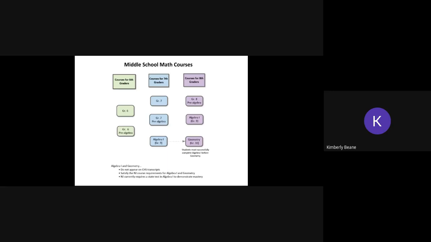If a student follows the middle path, they start with grade 6, then grade 7 pre-algebra, which is mostly grade 7 standards plus some of the grade 8 standards, not all of them. And then in 8th grade, they take algebra 1, which is the bulk of the grade 8 standards mixed together with algebra 1. And if a student follows the top row, that's regular grade 6, regular grade 7, regular grade 8, and then in ninth grade, they will take Algebra 1, just like the standards are written.